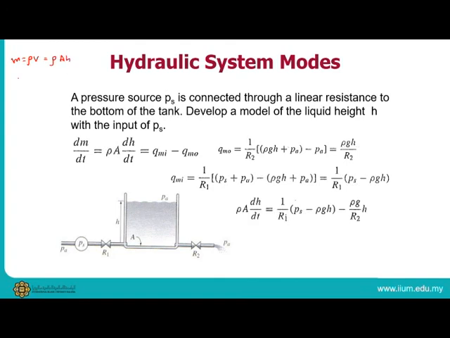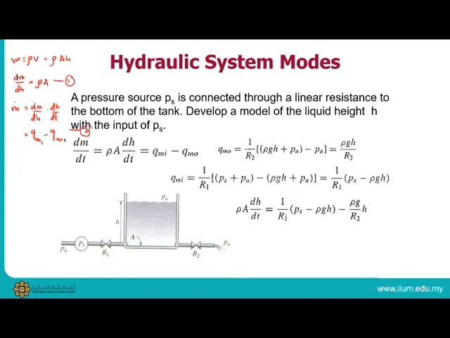The dm over dh gives you rho A. This is equation number 1. Another equation, m dot, is equal to dm over dh times dh over dt, which should be equal to Qmi minus Qmo. So this is equation number 2.